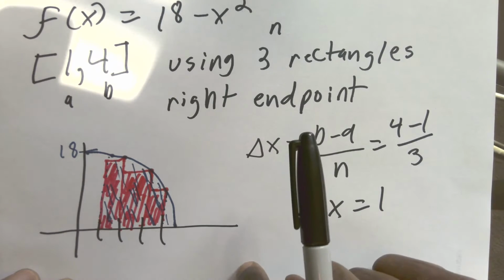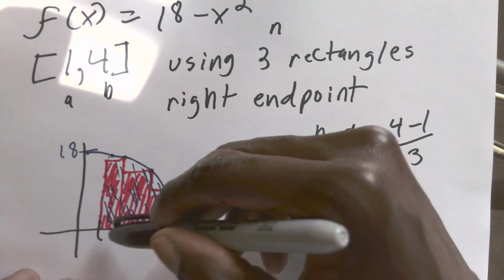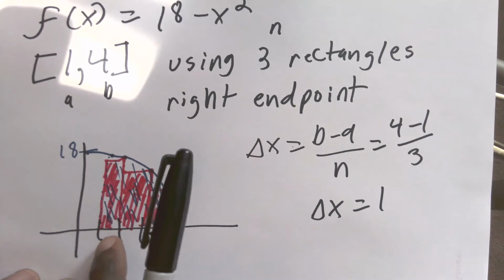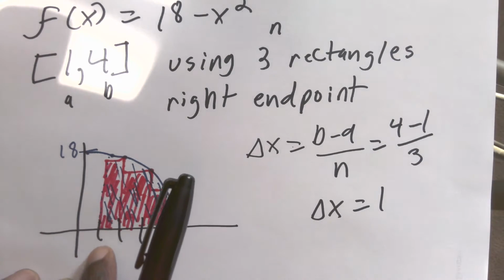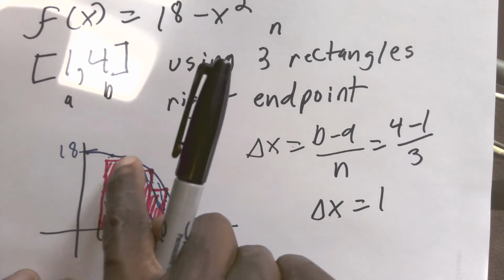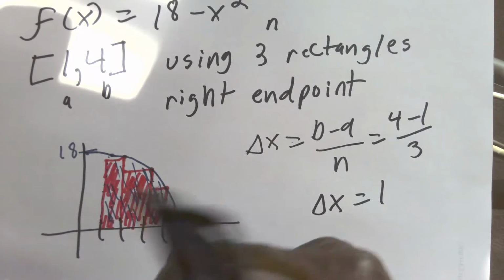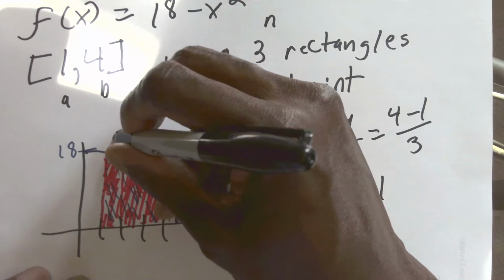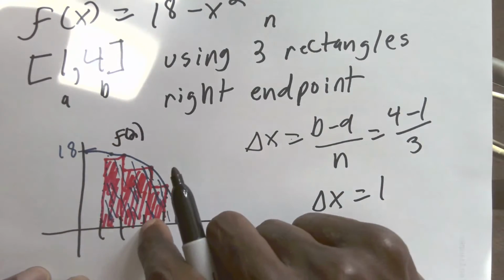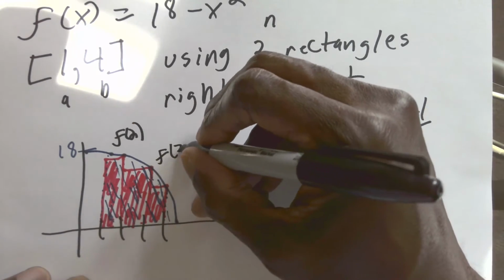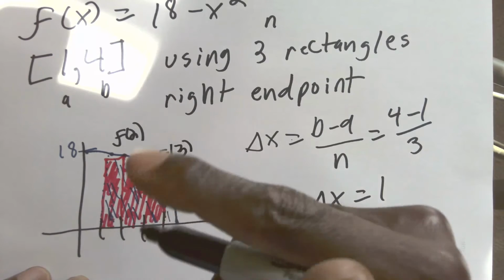And the height of each rectangle, on the interval from 1 to 2, it's hitting the function at 2, so its height for this first one is simply f of 2. For the second one from 2 to 3, the height is simply f of 3. And for this last one, of course, the height is f of 4.